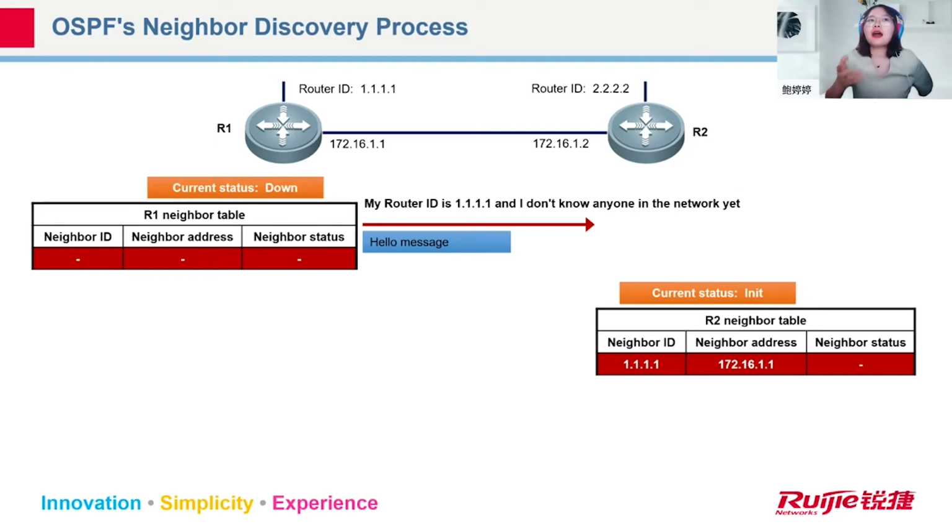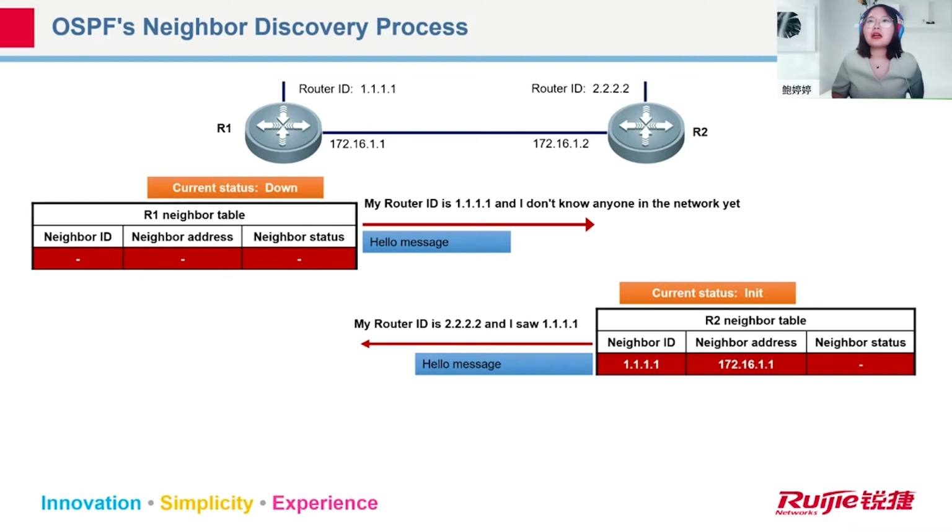Because this is the first hello packet from router 1, and router 1 doesn't include router 2's information, the status will change from empty to init, but not to two-way. But this time, if router 2 sends a hello message to router 1 and says, my name is 2.2.2.2 and I saw 1.1.1.1, because I already received a hello message from your side and also did the negotiation, the parameters are ready.